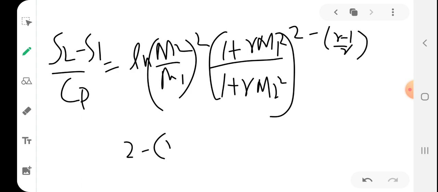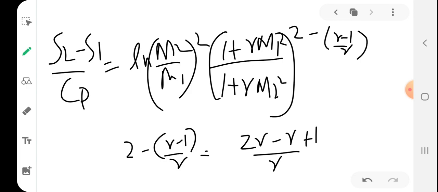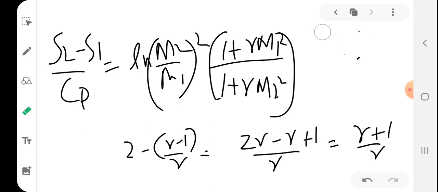So 2 minus (gamma minus 1) by gamma can be written as (2 gamma minus gamma plus 1) by gamma, that is 2 gamma minus gamma is gamma, so gamma plus 1 by gamma. Instead of this, you can write gamma plus 1 by gamma.